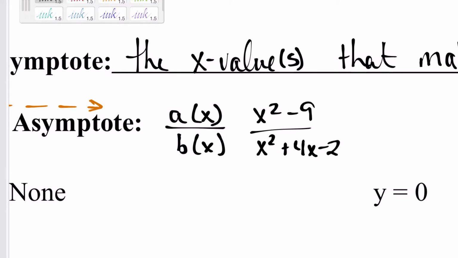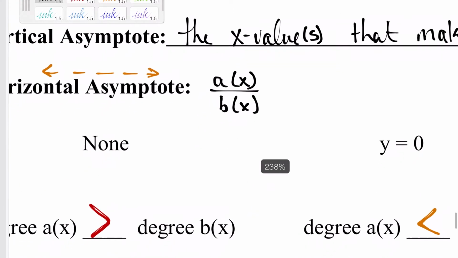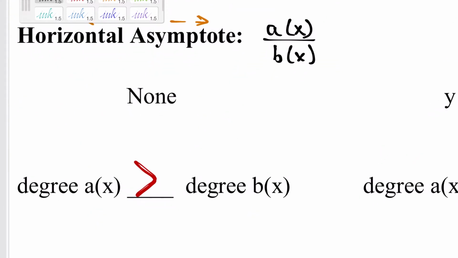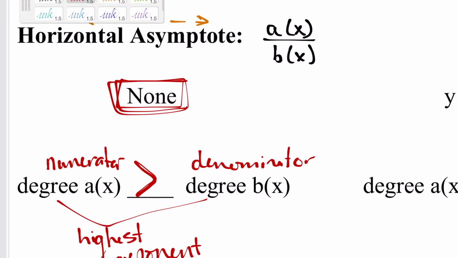When we have horizontal asymptotes, if the degree of the numerator is greater than the degree of the denominator, and by degree I mean the highest exponent, then there is no horizontal asymptote. If we have a higher exponent on top than on bottom in these rational functions, we would have no horizontal asymptote at all. It just doesn't exist.